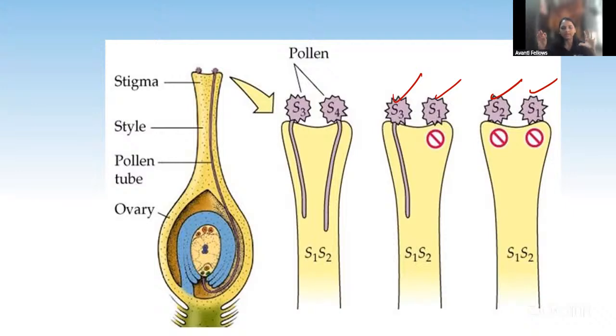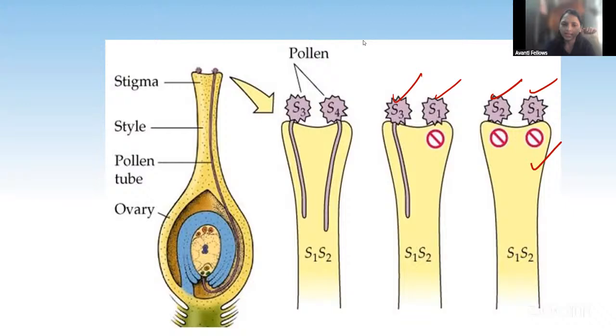Now can you tell me, guys, which of the ones given here are non-compatible to this stigma? For the S1 and S2 stigma, which ones are not compatible? Non-compatible pollen grain. Either S3 and S4 are non-compatible or S1 and S2.